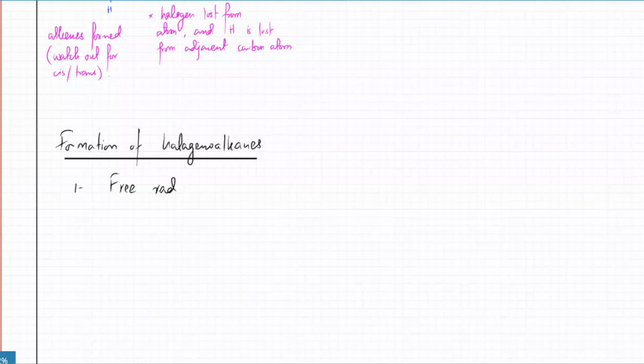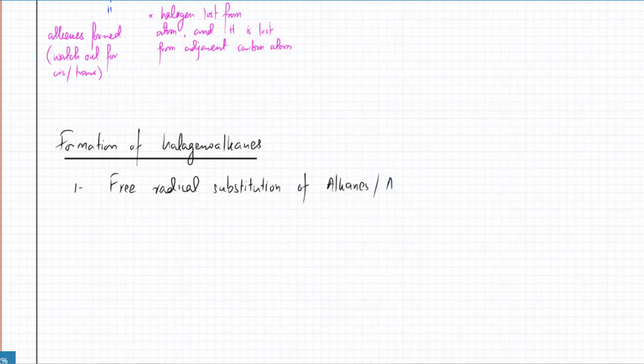The first one is easy: it's a free radical substitution of alkanes or any alkyl chains. We've learned the mechanism in detail, so I'm not going to discuss this now. Then it was electrophilic addition of alkenes.